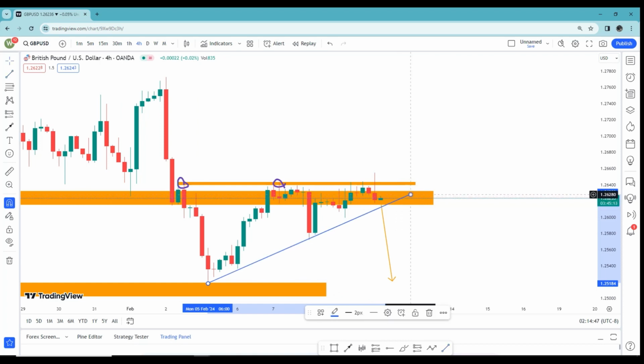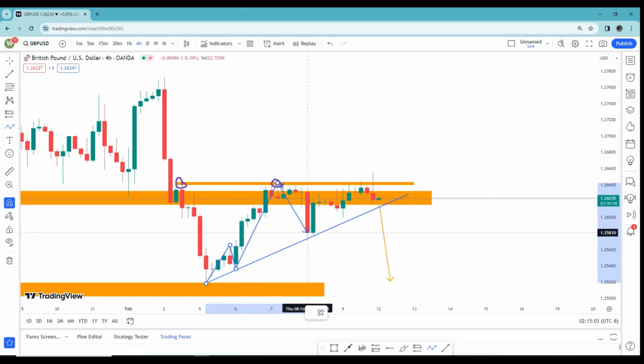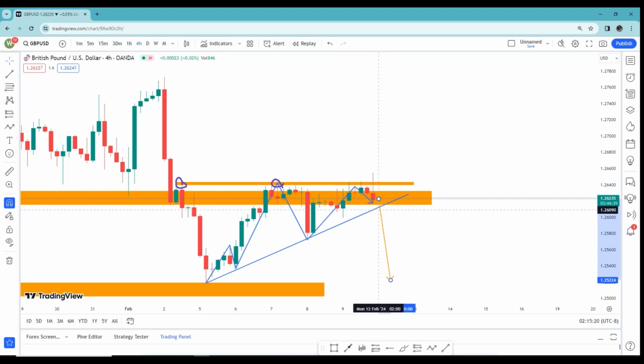So we can see that on the 4 hour time frame, the market gave us this continuation, and pulled back to the trend line, back to the zone, back to the trend line, back to the zone, and now we got a confirmation candlestick right here. Since we got this trend line right here, we're going to be waiting for the market to break the trend line.